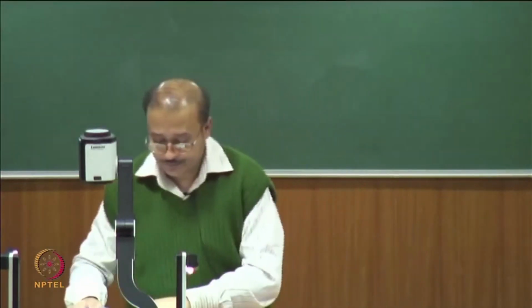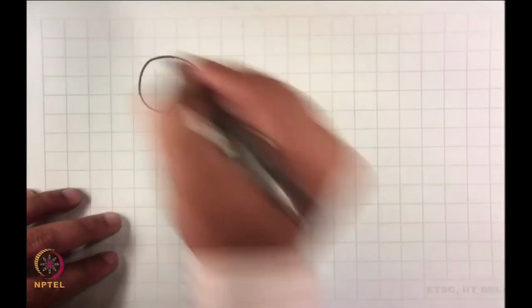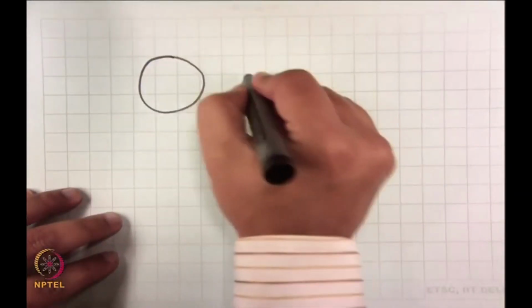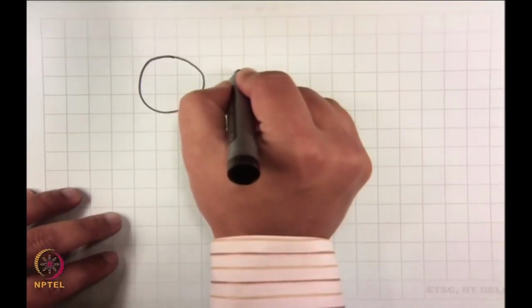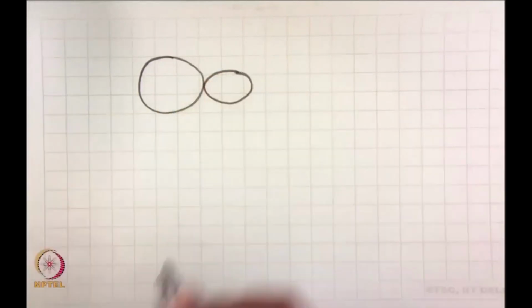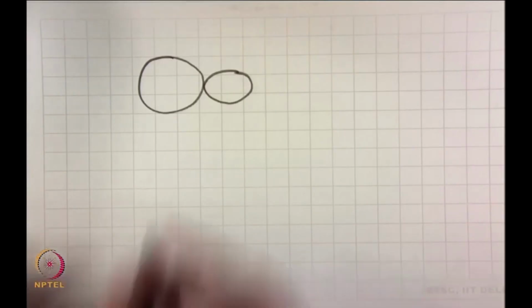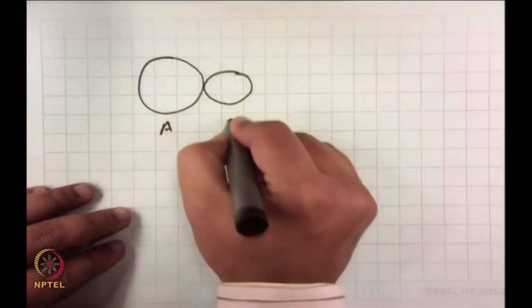Now, what happens if I have a case where I have the protein and my particles are also decently sized? That means I am looking at, say, an interaction between two proteins, not necessarily an enzyme and a ligand. I can look at protein A and protein B, right.